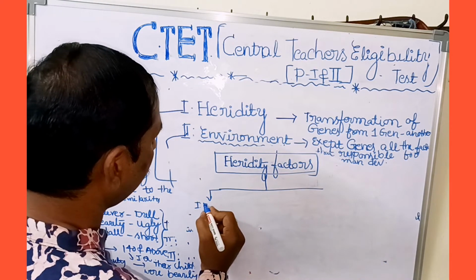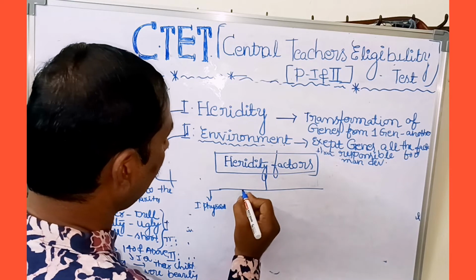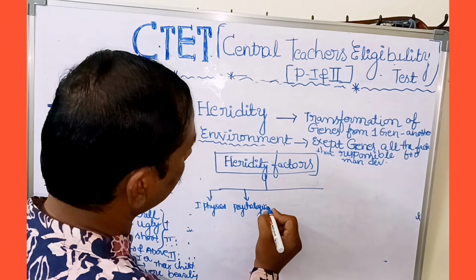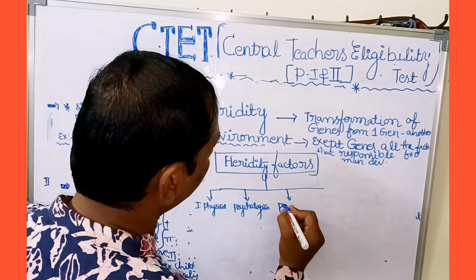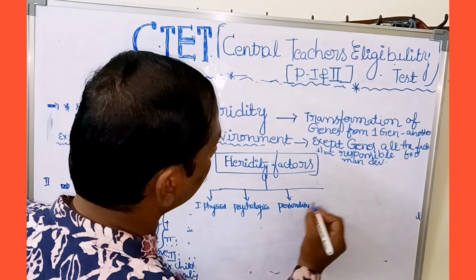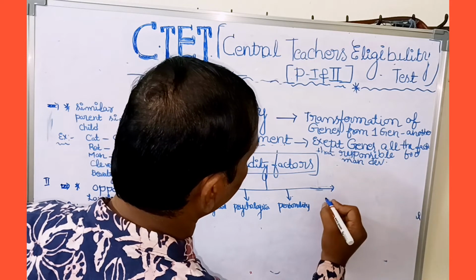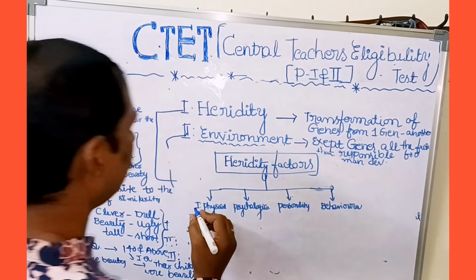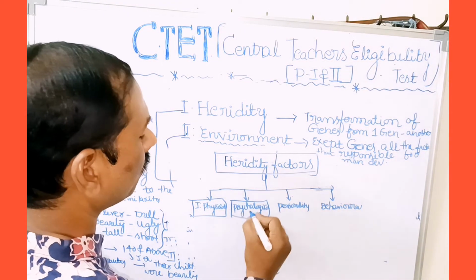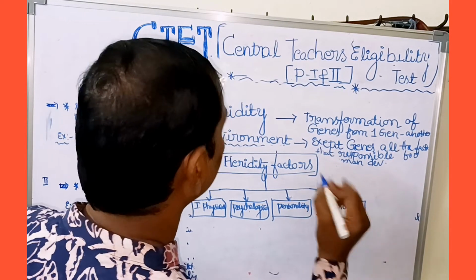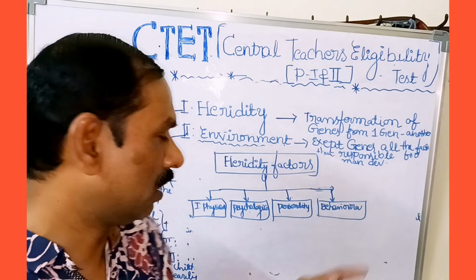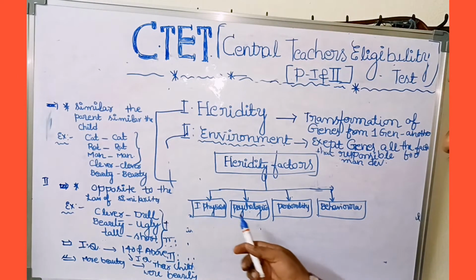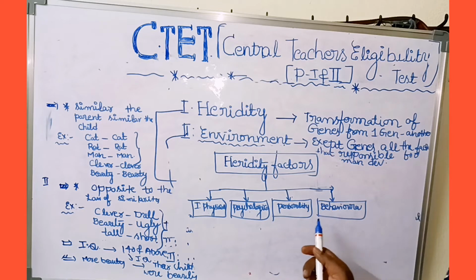Number one, physical, number two, psychological, personality, and the last one, behavioral. So, coming to the hereditary factors, they are broadly classified into four types, namely physical factors, psychological factors, personality factors, and behavioral factors.